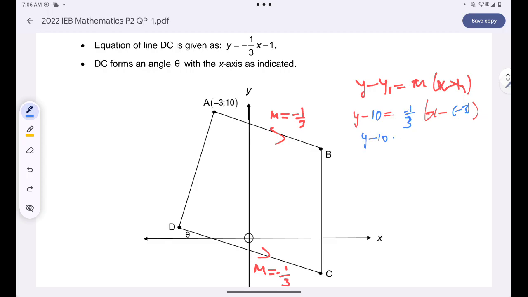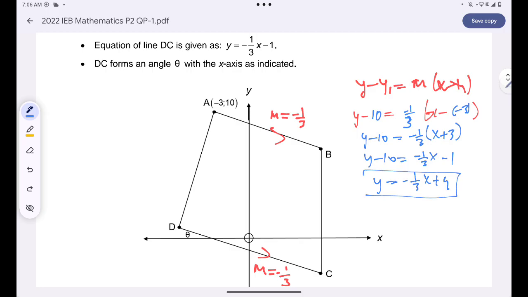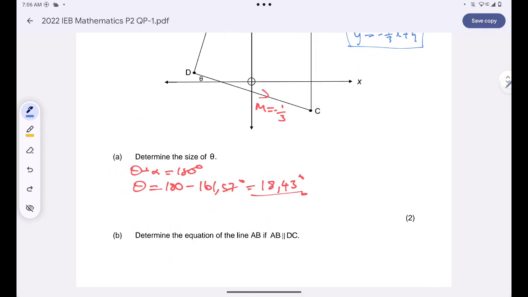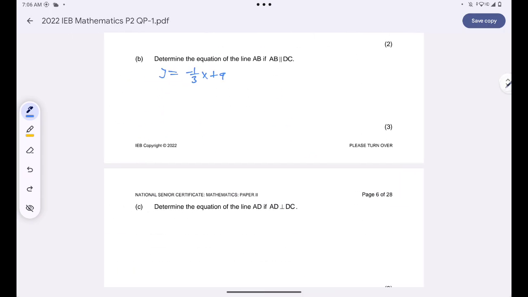So I have y minus 10 is equal to negative 1 over 3 times x plus 3. y minus 10 is equal to negative 1 over 3 x minus 1, and then y is equal to negative 1 over 3 x plus 9. So this is the equation of line AB. So the equation of line AB is y equals negative 1 over 3 x plus 9.